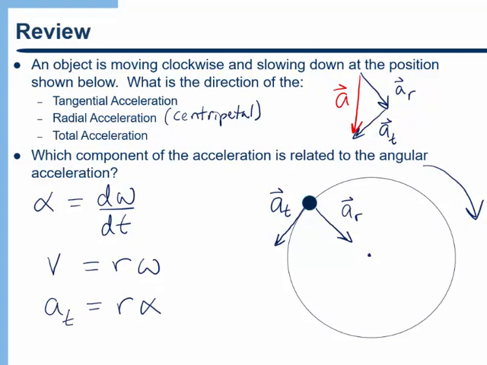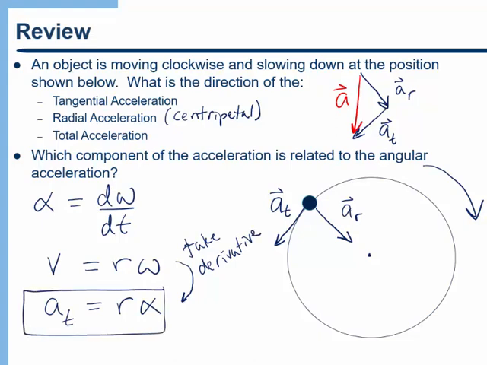So in other words, if you just take the derivative of this equation, you get the next equation. So the angular acceleration is related to the tangential acceleration. For an object going with a constant speed, there's no alpha, there's no a_t. We're just back to the simple case of uniform circular motion.